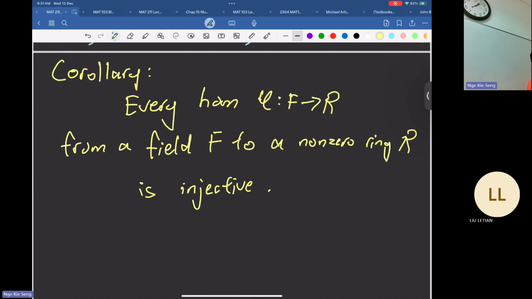If your kernel is everything, that means your map is zero. You kill everything. So the other option is that your kernel must be the zero ideal. A ring homomorphism is injective if and only if the kernel is just zero. So this is about field homomorphisms.